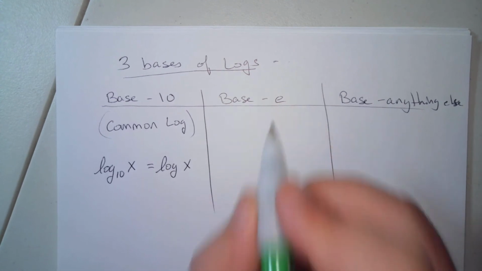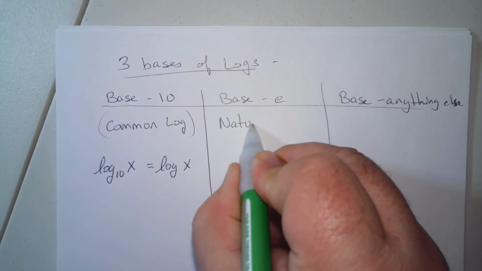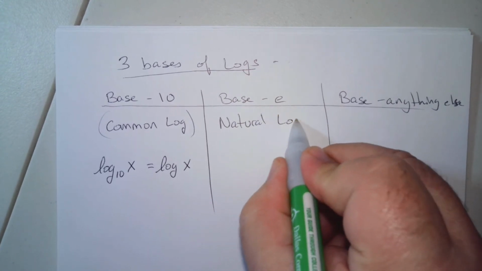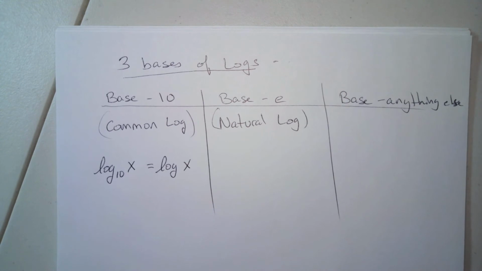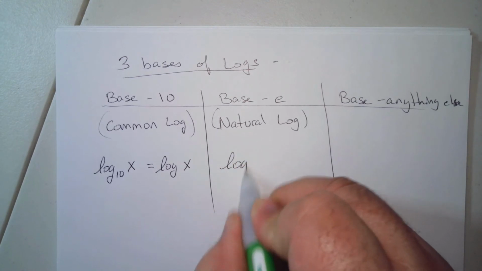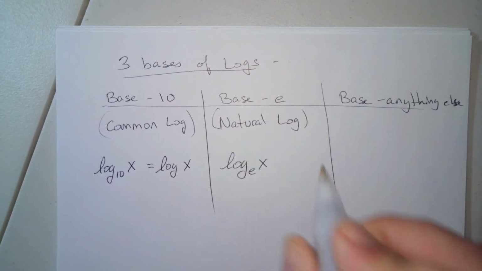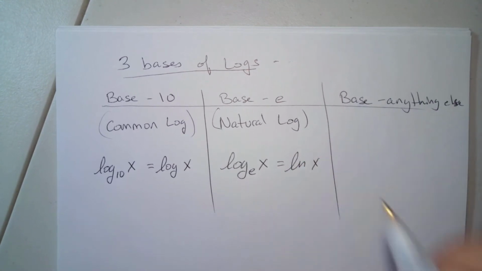Base e, remember that's Euler's number. We call that a natural log. Remember, e came from the equation itself, naturally getting a value. So that's what we call it natural log. So log base e, since it's a natural log, we write it ln.